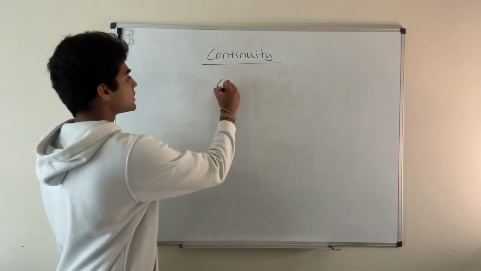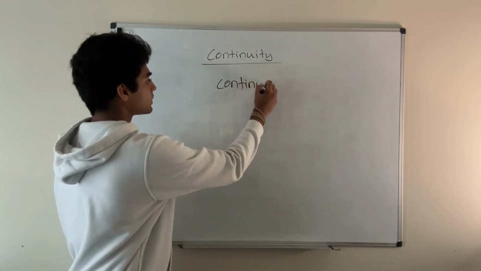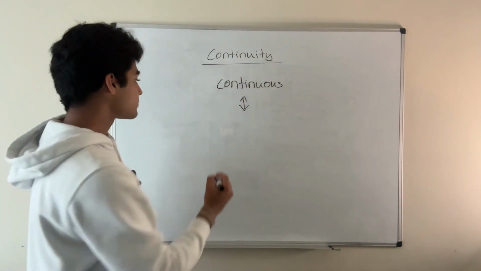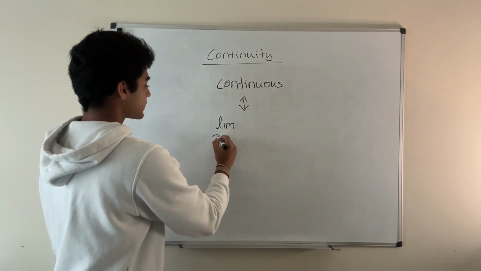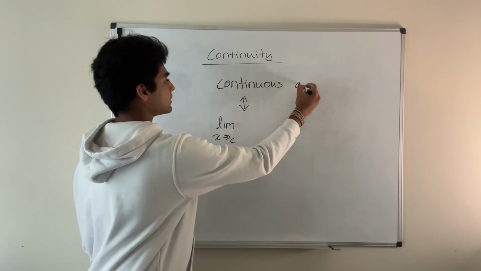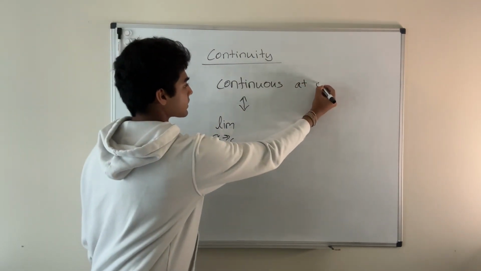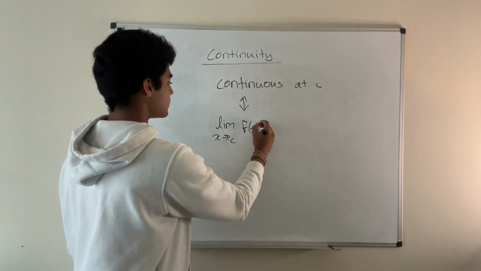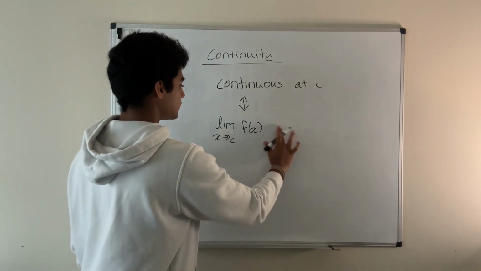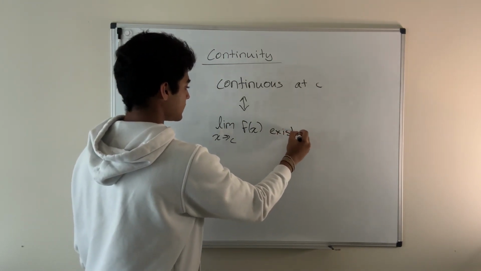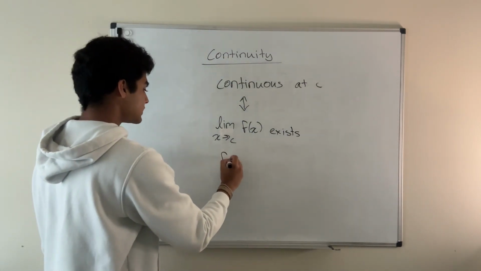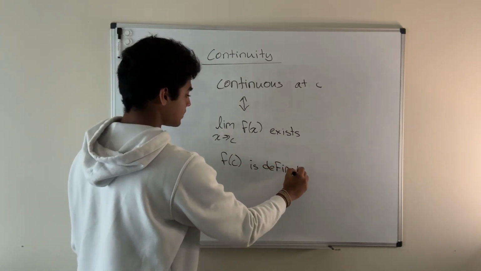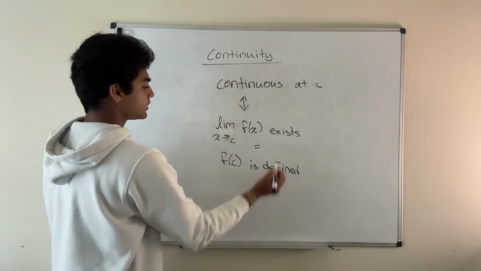A function is continuous at C if and only if the limit as x approaches C of the function exists, f of C is defined, and finally, these two have to equal each other.